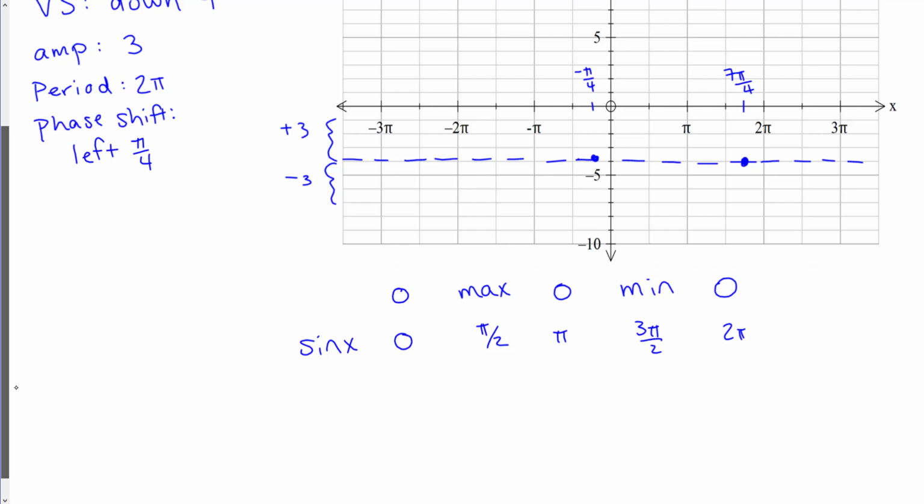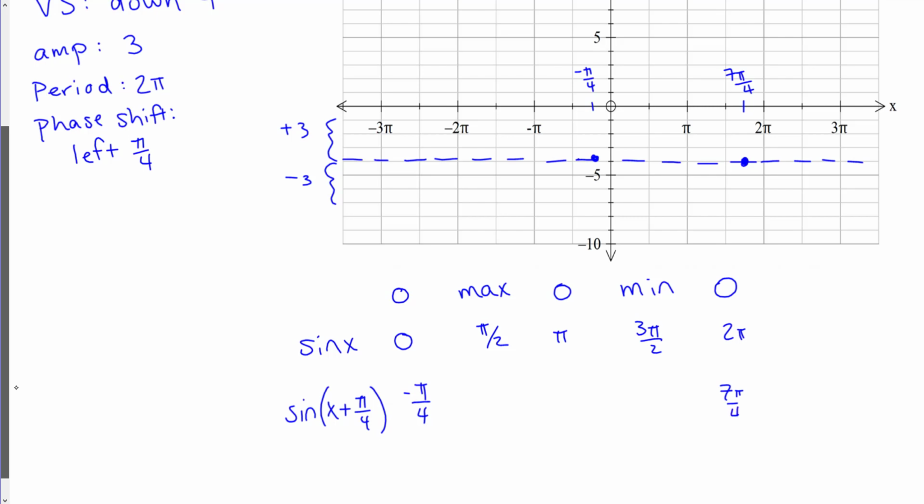Now everything here is going to be shifted to the left by pi/4. So what happens when I take sine of x plus pi/4 is that all of these points get moved back pi/4 units. So 0 minus pi/4 is negative pi/4. 2 pi minus pi/4 is 7 pi/4.